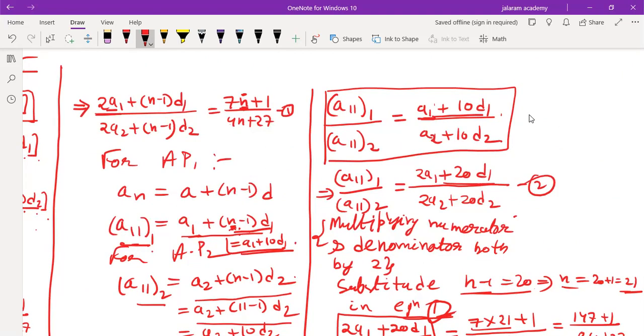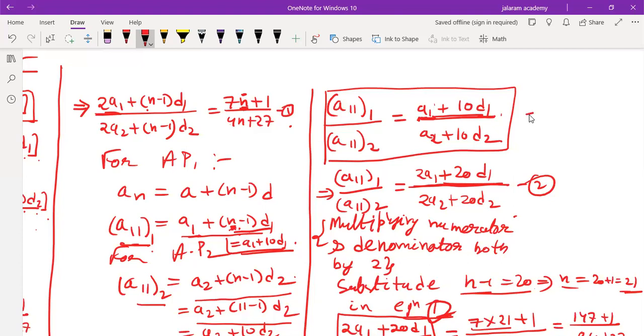So now we consider equation number 1, which we have left, and this result is given, so we have to use it. In this, 2a1 is given, so we multiply the numerator by 2. It is 2a1 plus 20d1. Why are we multiplying by 2? Because in equation 1 we have 2a1 plus n minus 1 d1, so to compare with the given quantity, we have to multiply by 2.